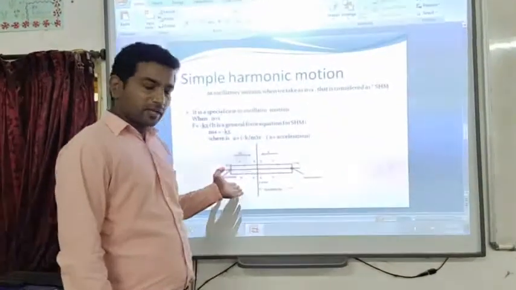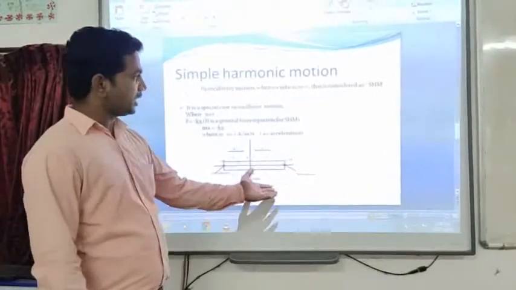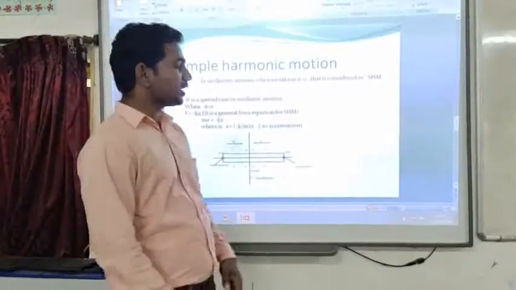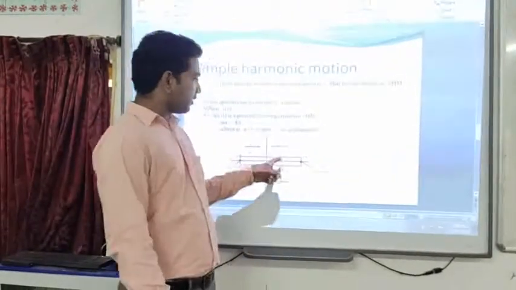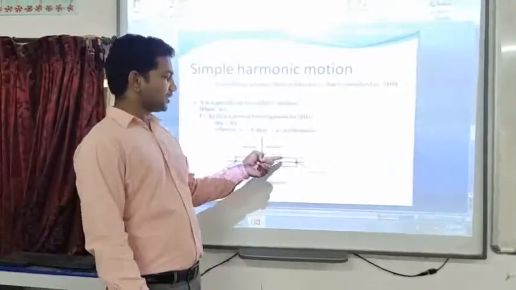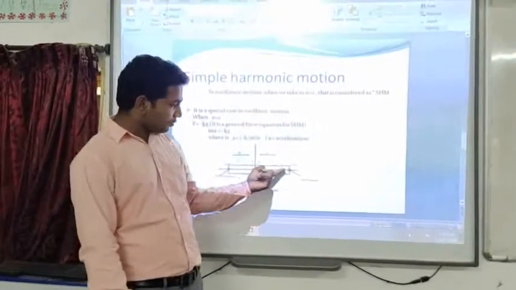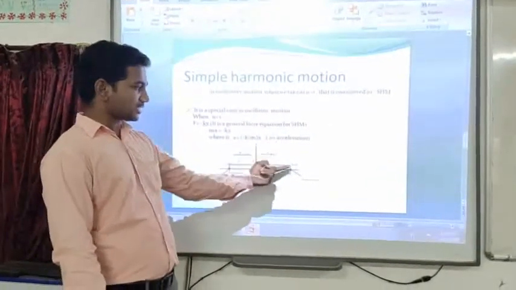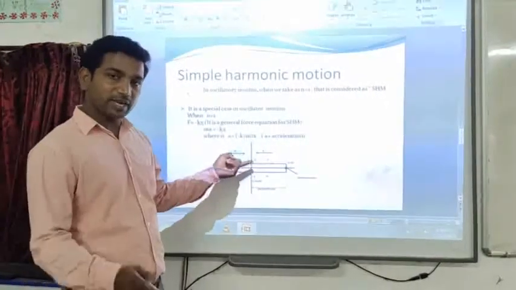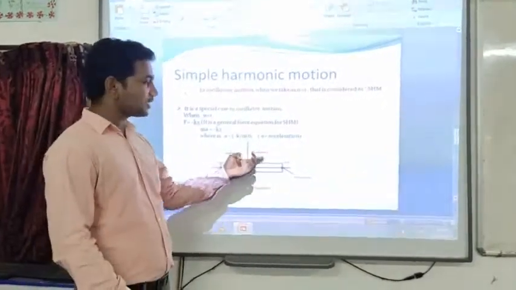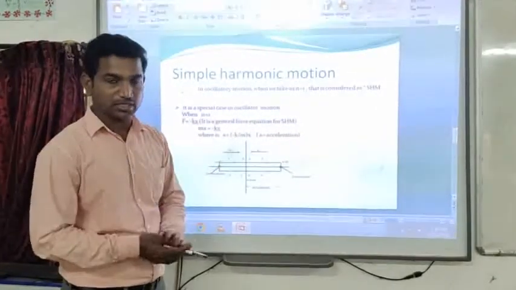Now with observation of this motion we can give a definition for simple harmonic motion. The first thing we observe is that the acceleration always works towards the mean position, because the force always works towards the mean position. That's the first conclusion.